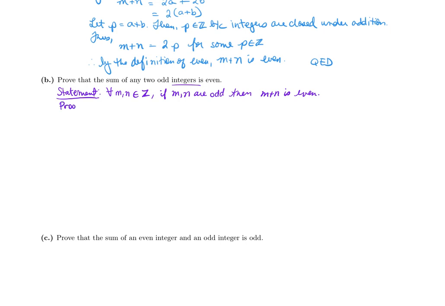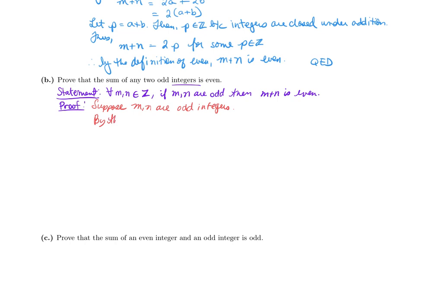Let's start our proof. We have for all m and n in the set of integers, if m and n are odd, then m plus n is even. So we can suppose m and n are odd integers. And now we set about describing these odd integers using a definition. Luckily, we saw one earlier.